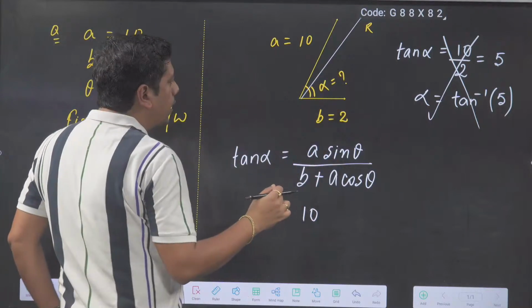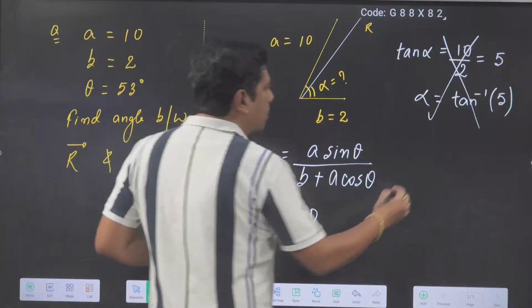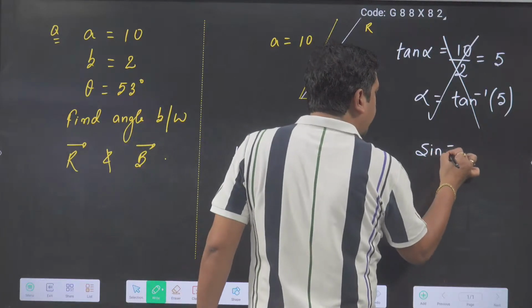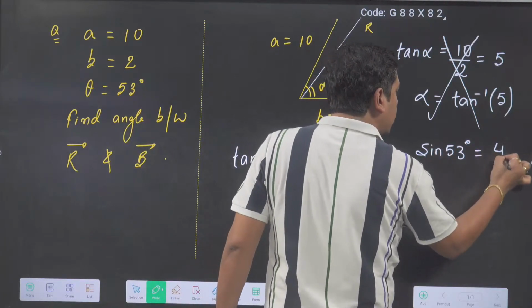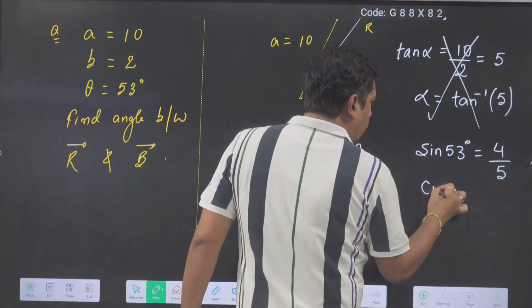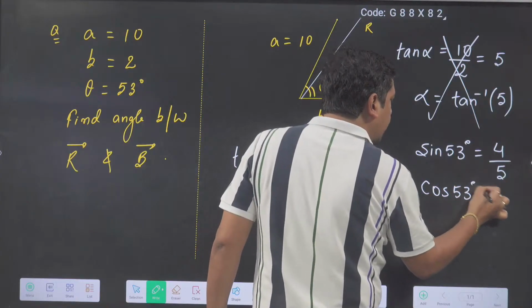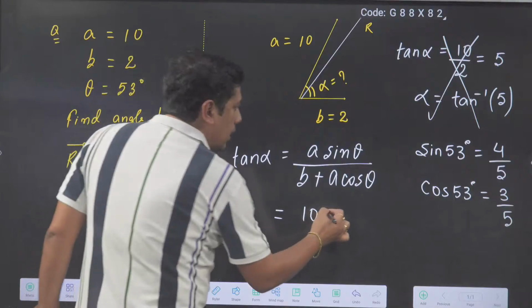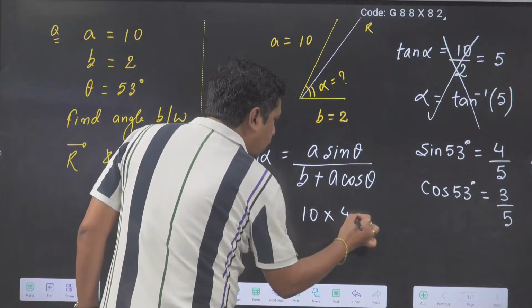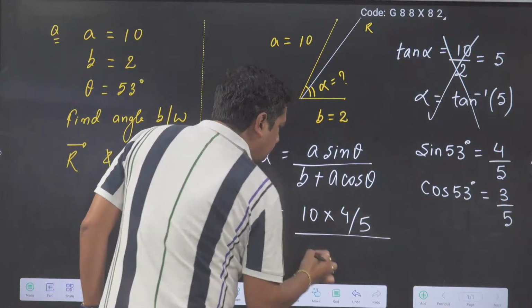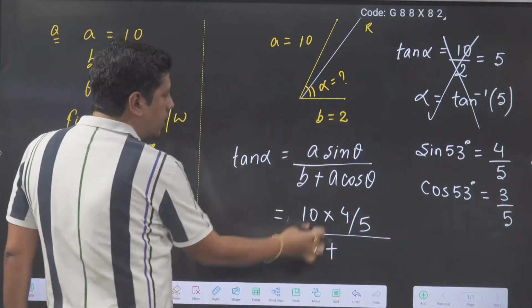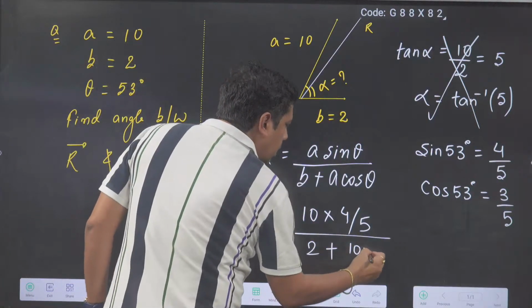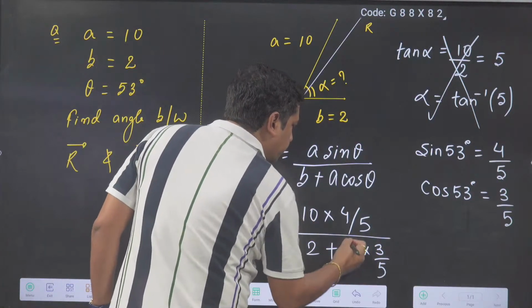Sine 53, theta is 53. So let me tell you, sine 53 degree value is 4 by 5, cos 53 degree is 3 by 5. So if you put here sine 53, which is 4 by 5, divided by 2, B is 2, plus 10 into 3 by 5.